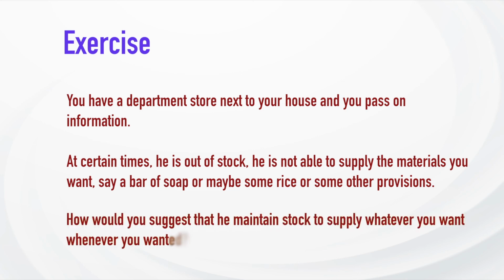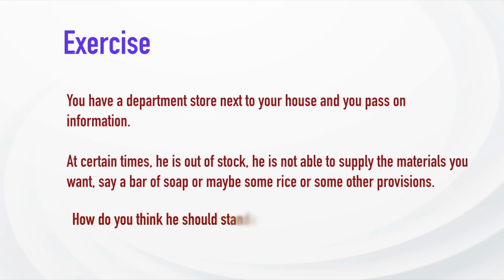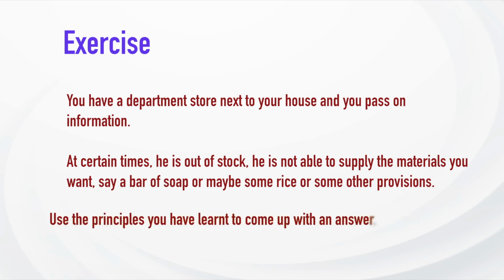How would you suggest that he maintain stock to supply whatever you want whenever you want it? How do you think the information you pass should be recorded by him so that he doesn't get any miscommunication or he doesn't forget? How do you think he should standardize the payments you make to him? Use the principles you have learned to come up with an answer.